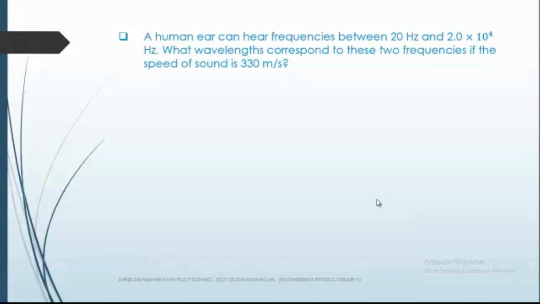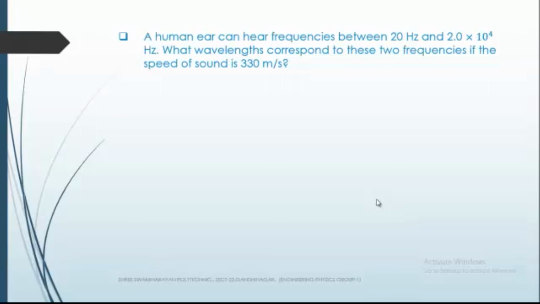Solution: here there are two frequencies given, 20 Hz first and second, 2.0 into 10 raised to 4. First case frequency is 20 Hz, second case frequency is 2.0 into 10 raised to 4 Hz. Speed of sound is same, 330 meter per second.